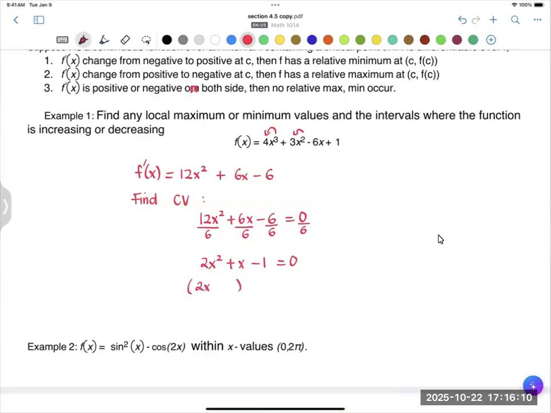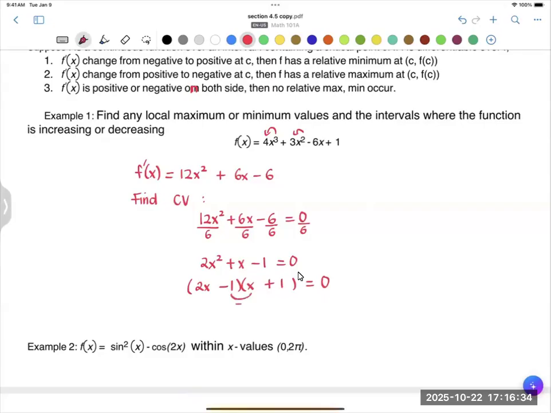So 2x times x, and we're going to consider what numbers go in here. We have the factors of 1, right? So negative 1 times 1. Which one goes to which? I need the middle value to be positive x. So I'm going to do positive 1 and minus 1. And we're going to check.